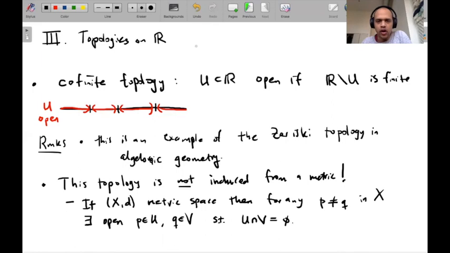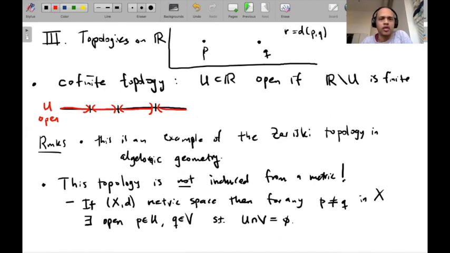The proof of this is not so hard. Let me do it up here since I'm low on space. We're in a metric space. We have two points, p and q. I want disjoint open sets, one around each of them. First, let me take r to be the distance from p to q, and let's look at the balls of radius r over 4. Those balls are going to be disjoint.